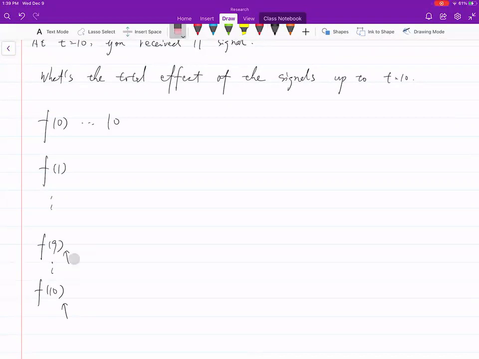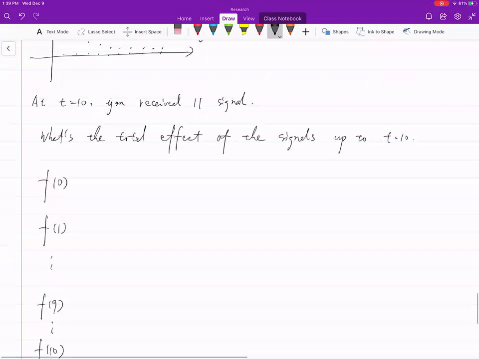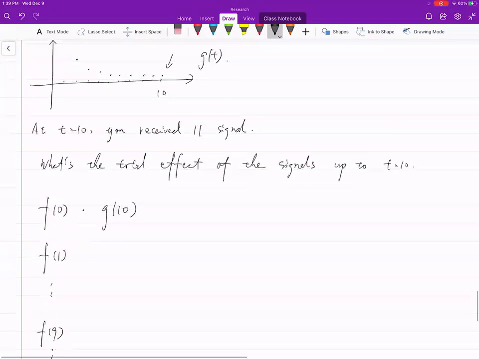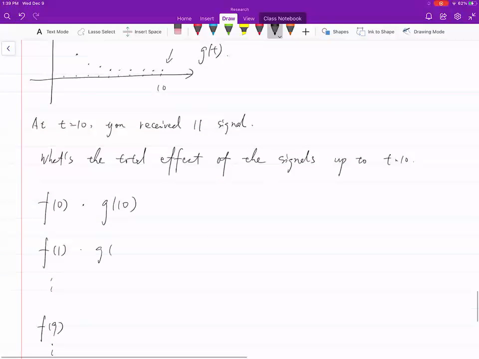So before I sum them together, what should I do? I should adjust them by their decay. Good so far? So how do you adjust that? F0 has been decayed for 10, so I use F0 times G10. Remember, G10 is the smallest. F1 should be adjusted by G9.